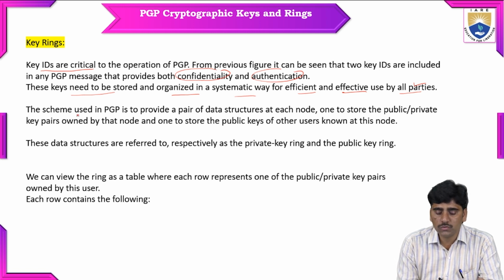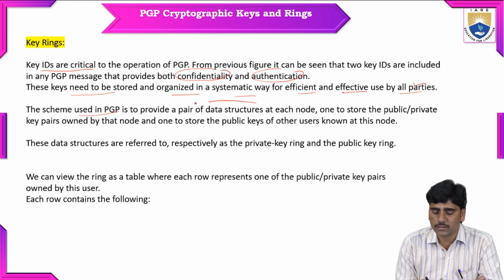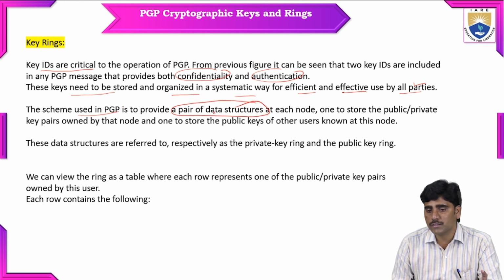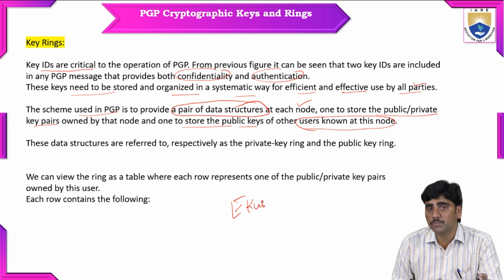The scheme used in PGP is to provide a pair of data structures at each node. One stores the public or private key pairs owned by that node, and another stores the public keys of other users known at this node. So in the previous example, there was encryption with the public key and encryption with the private key.